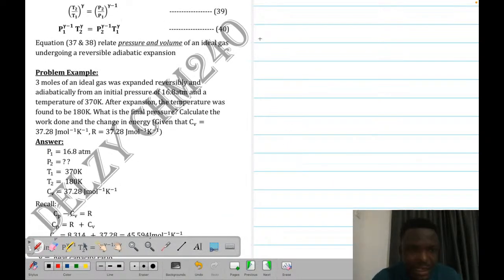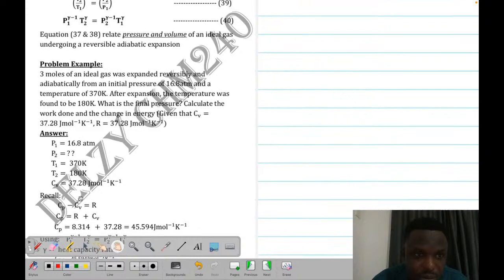This formula relates pressure and temperature. P1 to the gamma, T2 to the gamma minus 1 equals P2 to the gamma minus 1. Sorry, this is meant to be gamma minus 1.